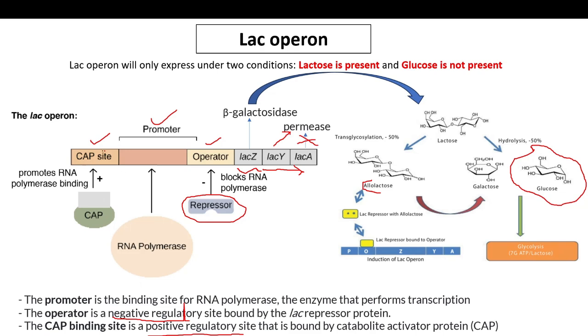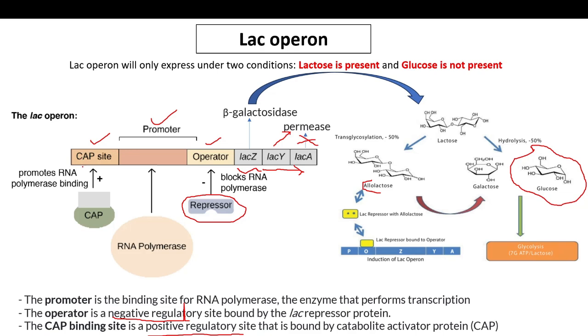Because when this CAP protein, along with a certain cofactor which binds to it and activates it, binds to the CAP site, it helps the RNA polymerase to bind more strongly to the promoter, so that more and more mRNA transcripts can be prepared. So it helps in enhanced transcription of these genes. That's why this CAP site is known as the positive regulatory site.